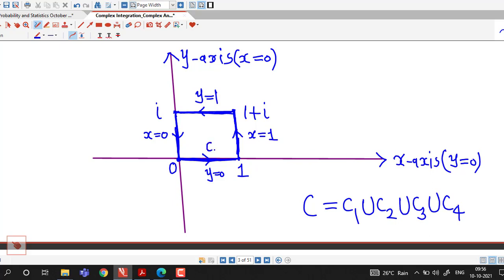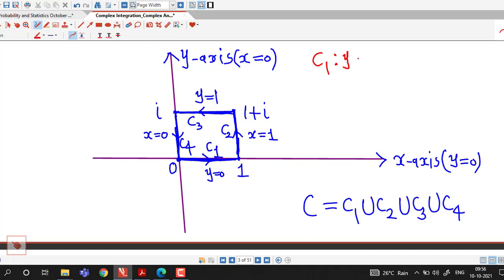Suppose this is C1, this one is C2, this is C3 and this one is C4. So along C1 y is 0, along C2 x is 1, along C3 y is 1 and along C4 x equal to 0. Or we can write down all these contours here separately.